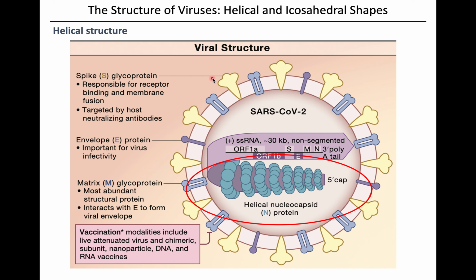We'll talk about this, but COVID is a coronavirus, as you're probably aware. That group of viruses gets its name from the crown-like appearance that the glycoproteins on the surface of the envelope give to the whole viral particle.